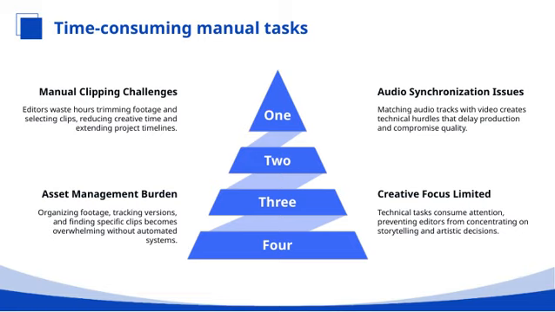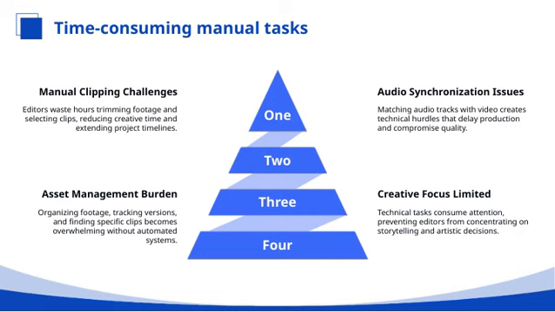Then, there's the issue of audio synchronization. Matching audio tracks perfectly with video can be technically tricky and often causes delays or quality issues if not done correctly. Another challenge is asset management. Without automated systems, organizing footage, tracking different versions, and finding specific clips can quickly become overwhelming and inefficient.